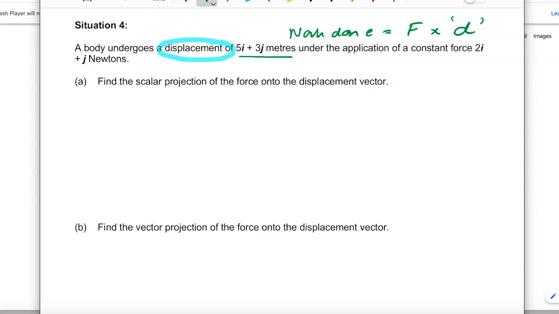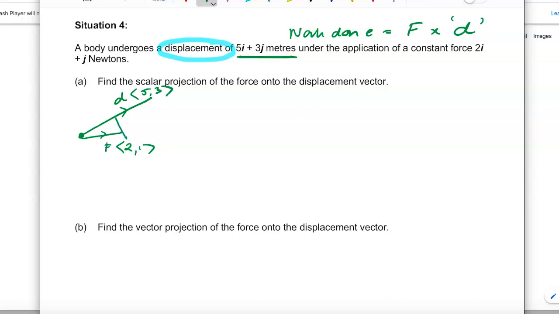So we've got a body that's moving 5i plus 3j, or 3 meters. And it moves in that way when it has the force of 1 newtons applied to it. So here is our displacement, if you like, D, when we've had the force of 1 applied to it.